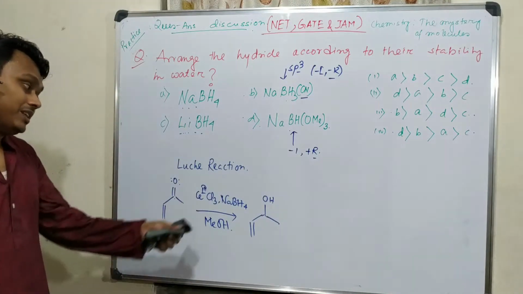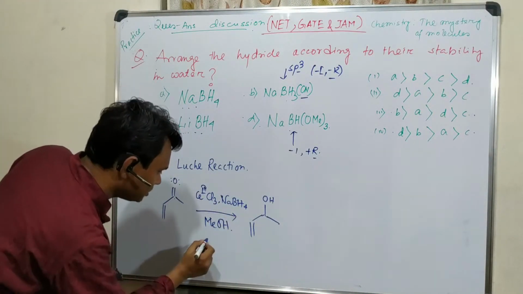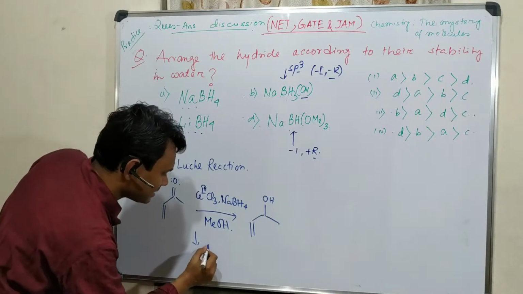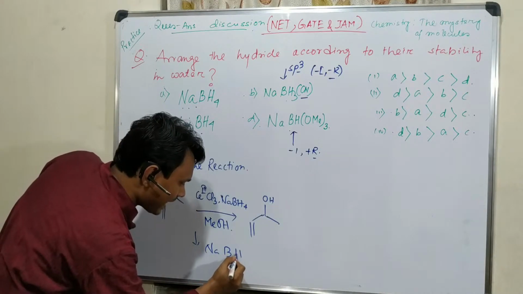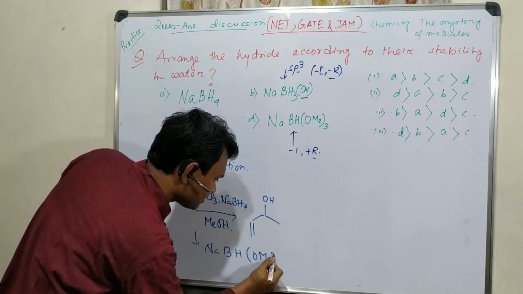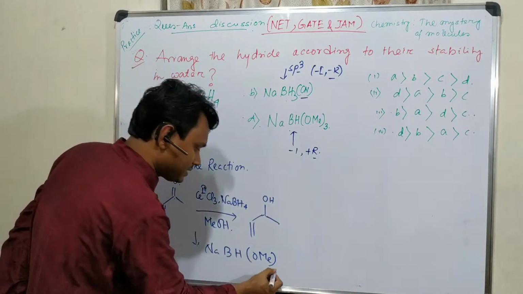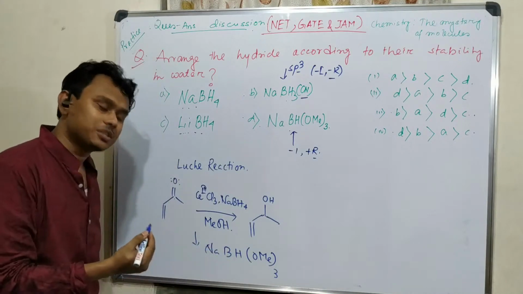From that you can say borohydride becomes hard, because sodium borohydride reacts with methanol and produces sodium methoxyborohydride, BH(OMe). Some people write it as a 3 and 1, but actually it's a mixture.